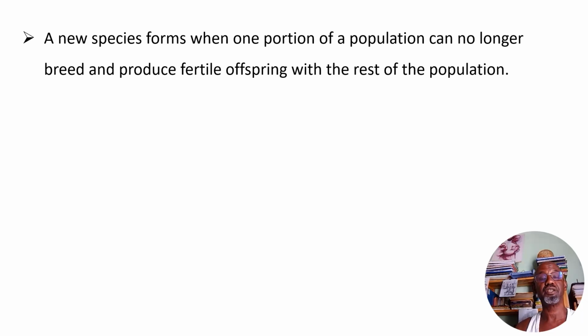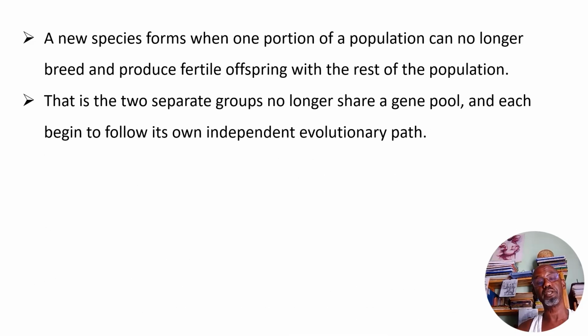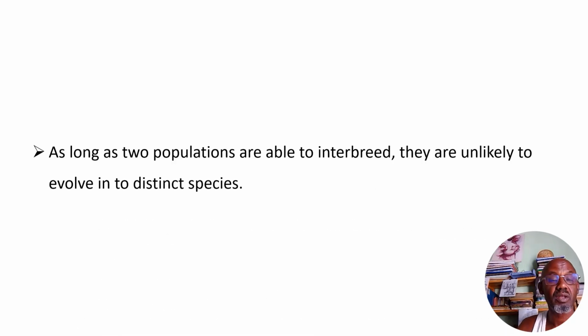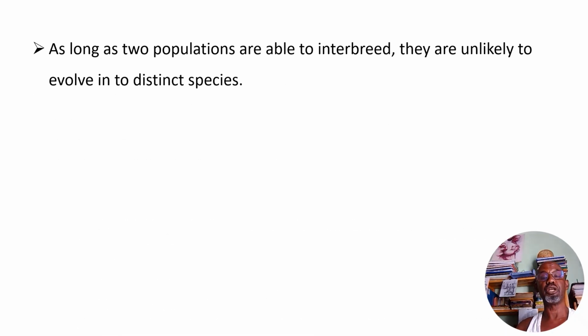A new species forms when one portion of a population can no longer breed and produce fertile offspring with the rest of the population. That means reproductively isolated. That is, the two separate groups no longer share a gene pool and each begins to follow its own independent evolutionary path. As long as two populations are able to interbreed, they are unlikely to evolve into distinct species.